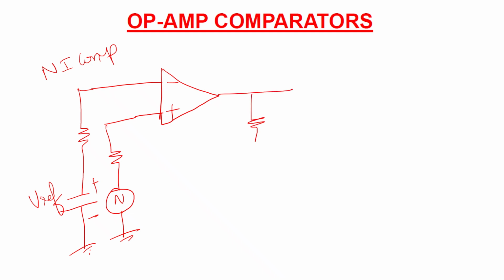The output is obtained across the load resistor, and there are two diodes, D1 and D2. This is the circuit diagram of a comparator, with plus VCC and minus VEE.